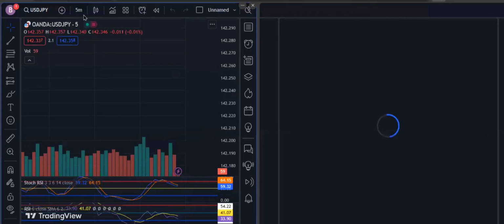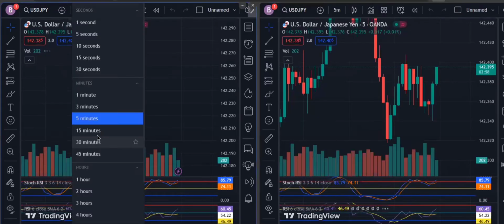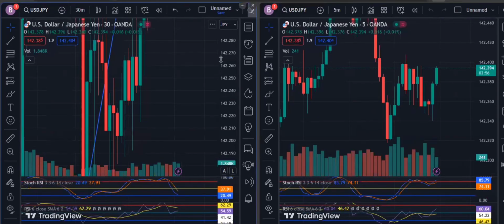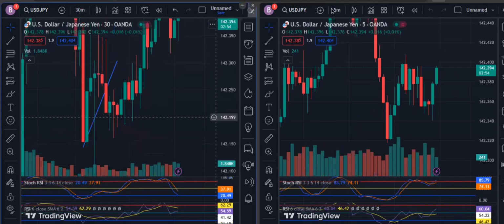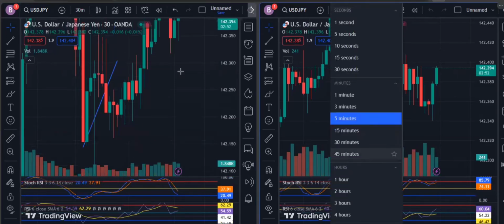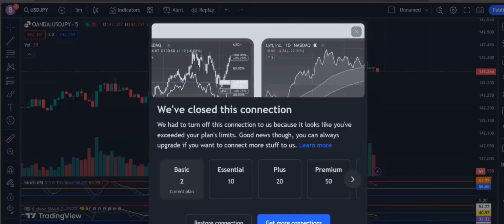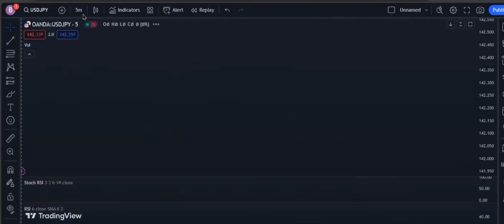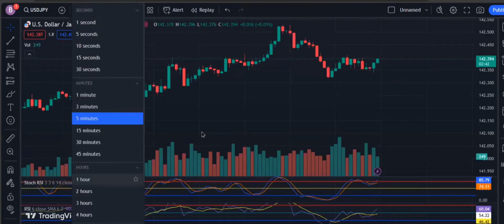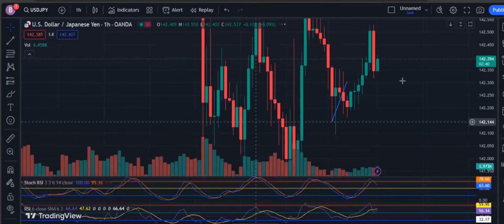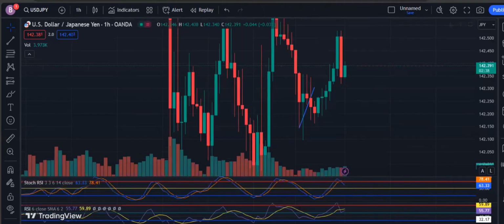And then in the other area, you have the 30-minute chart. Here we have 45 minutes, right? And then you have your hourly time frame here. I always prefer giving a full screen to the hourly time frame.